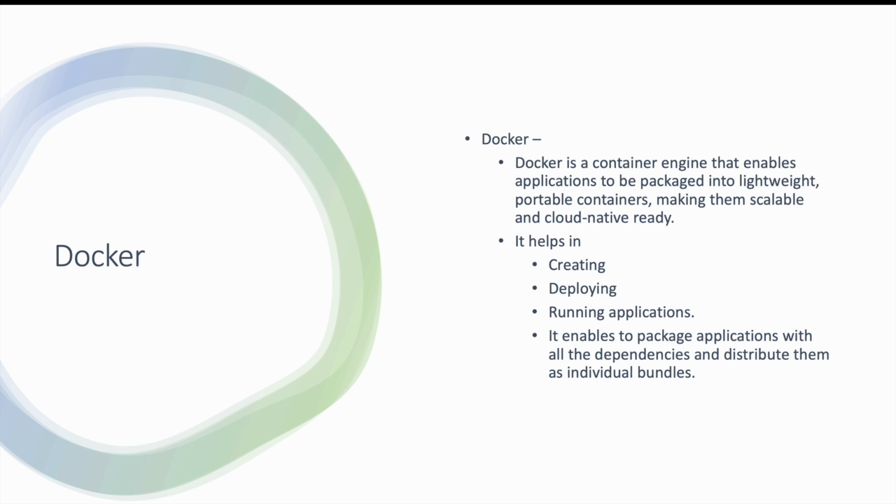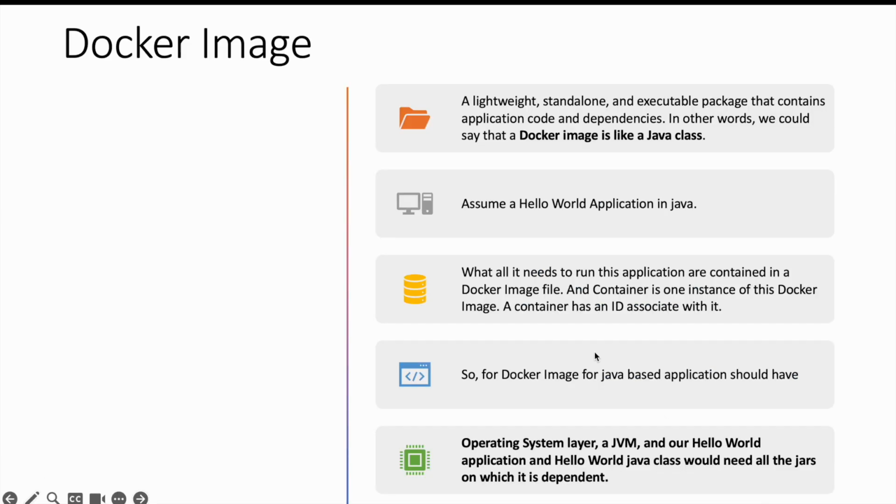That's what we'll see next in upcoming slides. So what we saw just now was about the Docker engine or the Docker plugin, which can be used to build a Docker image or to run the Docker image as a container.